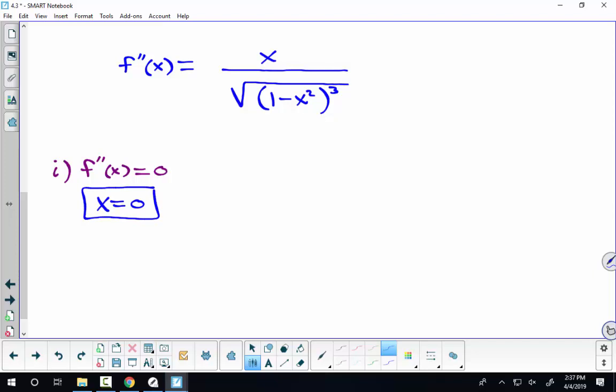Where is the second derivative undefined? And x is what? 1. Anywhere else? -1 as well. Are those things we're going to consider?